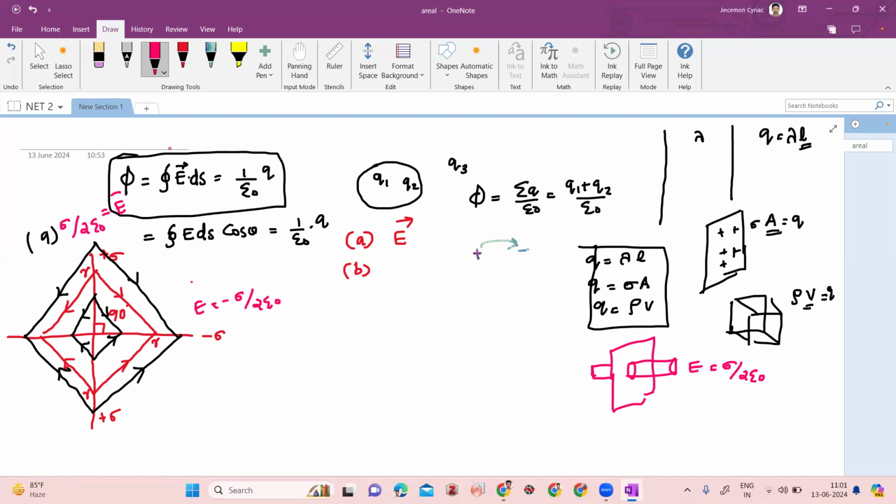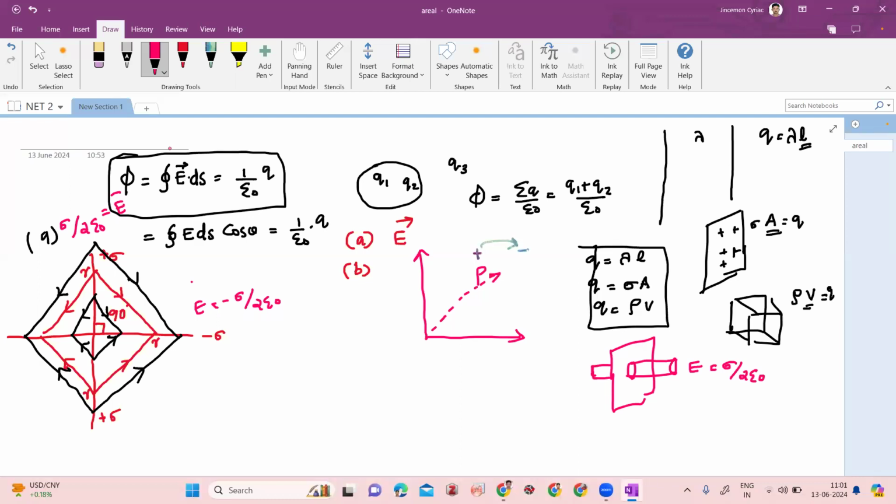Then what about the net influence? One is plus sigma like this, one is minus sigma like this. So the net effect at any point P, where both are perpendicular, the net direction of the electric field is passing like this.